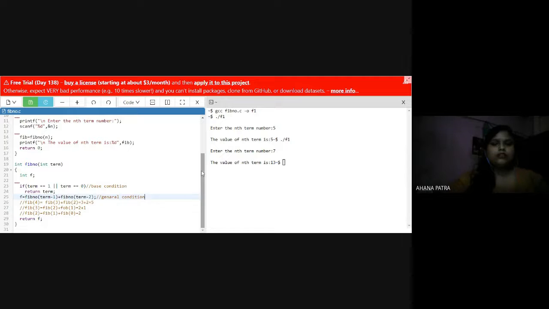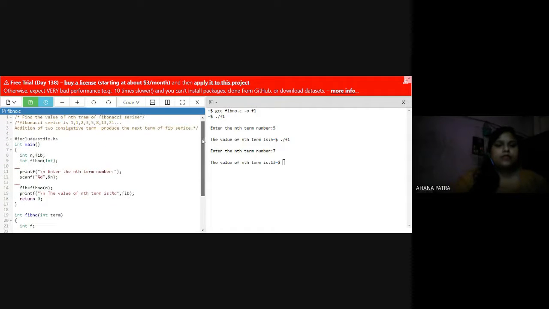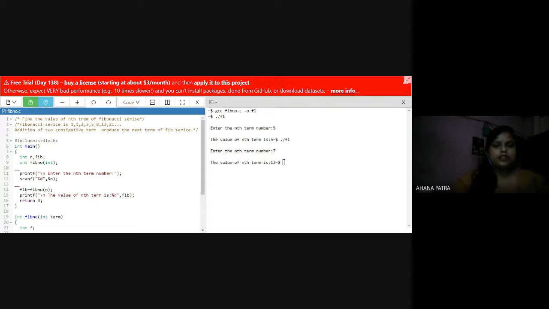I think you can understand the Fibonacci series and the recursion program. So you can practice other recursion functions, and thank you.